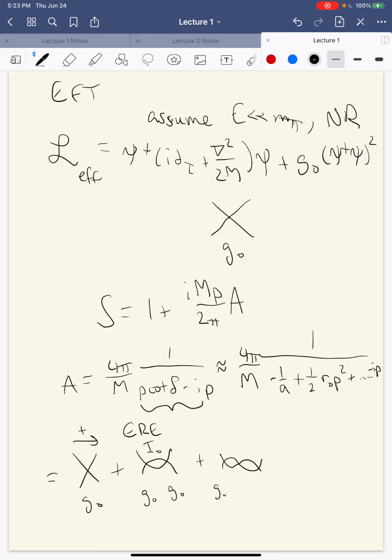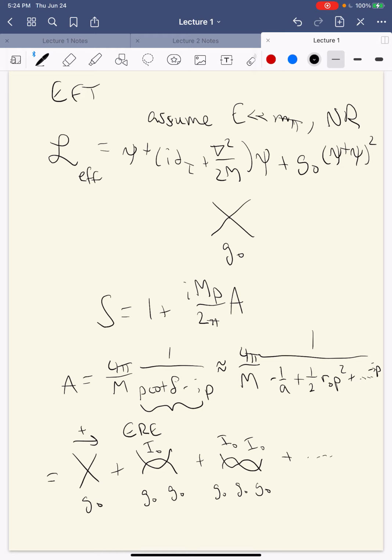Yep, G naught, G naught, G naught. And then these two loops are identical. There's no momentum dependence in these vertices, and so the momentum that runs through this loop is totally independent of the momentum outside of it, which means that you can factorize these loops. And so in fact, you just get two powers of I naught, plus all other so-called bubble diagrams.